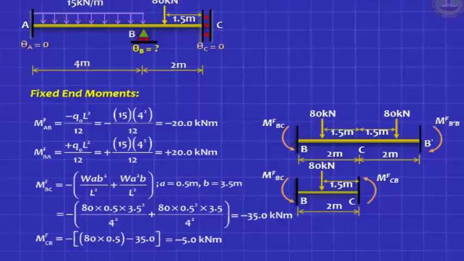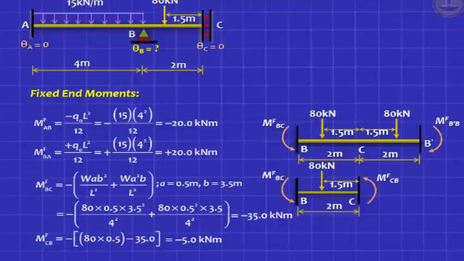Needs a little thinking. All shortcuts in structural analysis are good to take, but if you know the subject properly, it simplifies everything. Okay. You've got MFBC, you've got MFCB, you're now in a position to crack this problem.